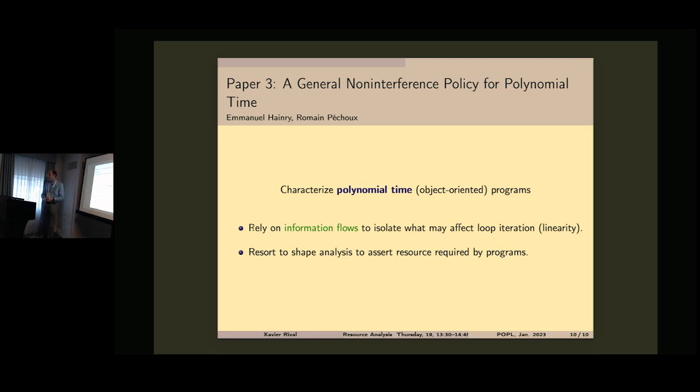And here, what is very original is to rely on some other kind of analysis, which is going to infer properties on information flows using shape analysis to reason over complex data structure to isolate what is going to cost loop iteration. And actually, in fact, behind this, the underlying brick is very much based on the linearity principle I mentioned.